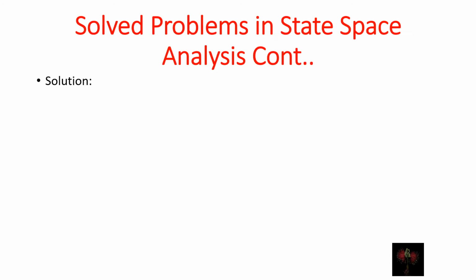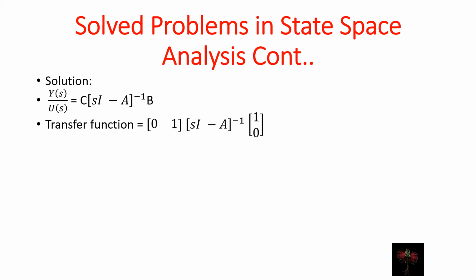Solution. The transfer function is y of s by u of s. The formula for calculating the transfer function y of s by u of s is equal to c into si minus a inverse into b. In the given problem, the C matrix is given, A matrix is given, B matrix is given.